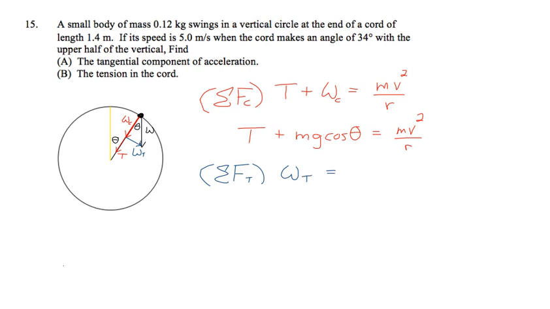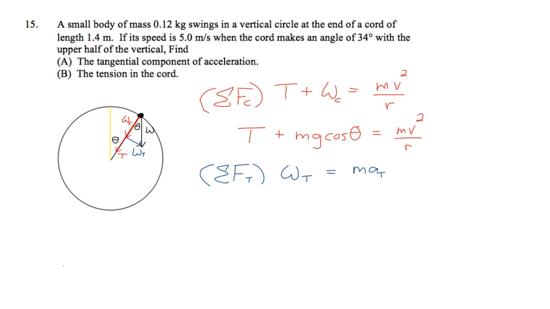Just like I said for the other one, anytime you sum up your forces, they equal ma, Newton's second law, F equals ma. So this also equals ma, but since the forces I'm adding up are tangential forces, it's going to cause a tangential acceleration.